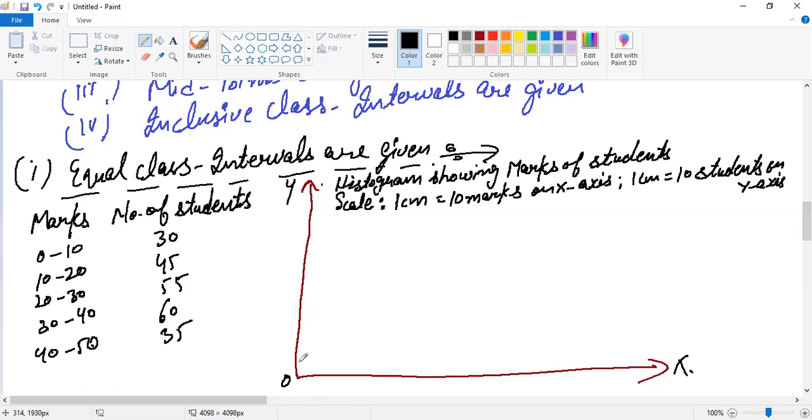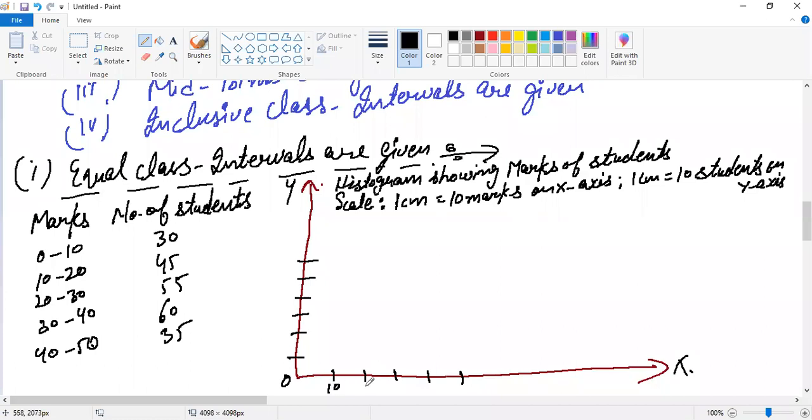So 0 to 10, 10 to 20. So 10, 20, 30, 40 and 50. And for number of students we can take 10, 20, 30, 40, 50, 60.